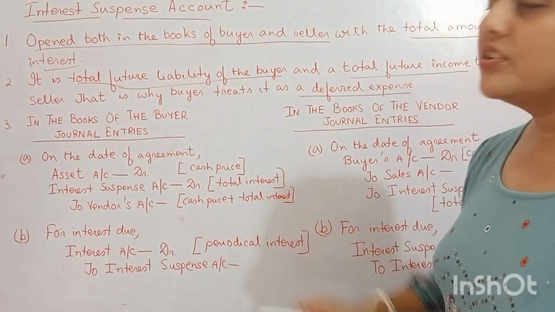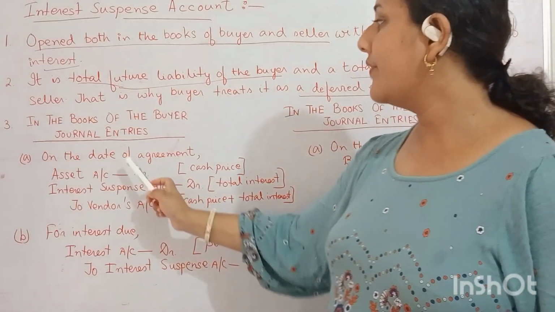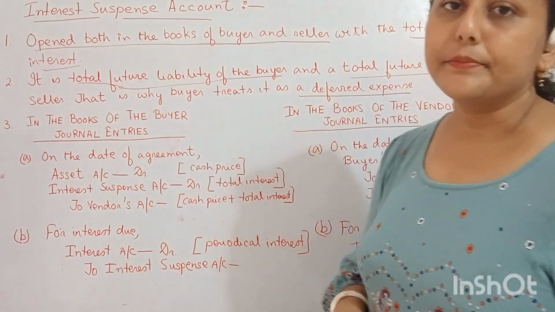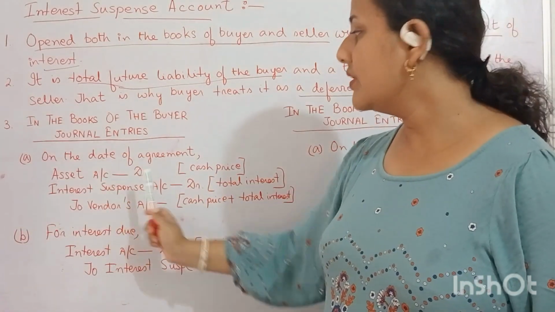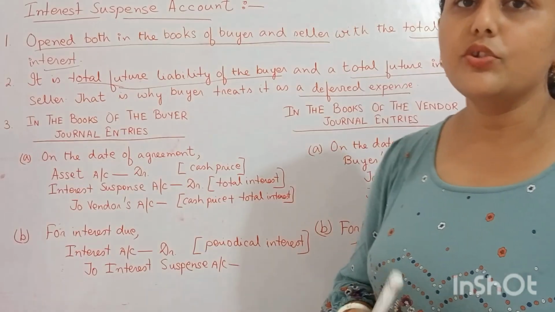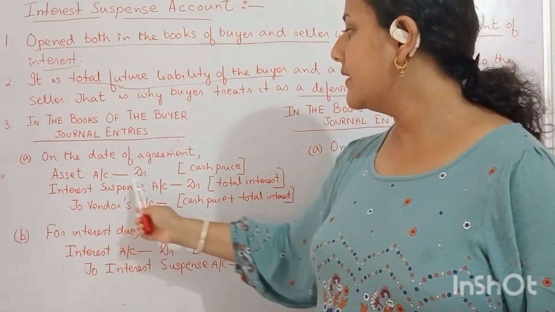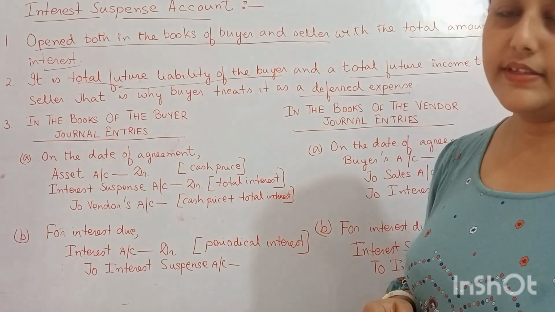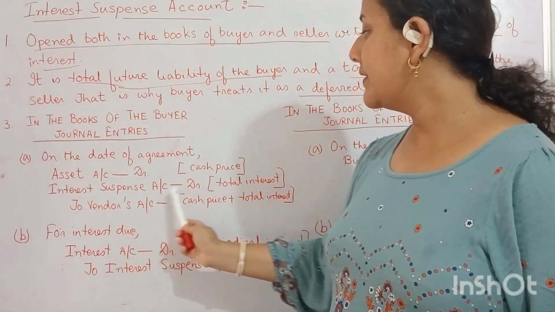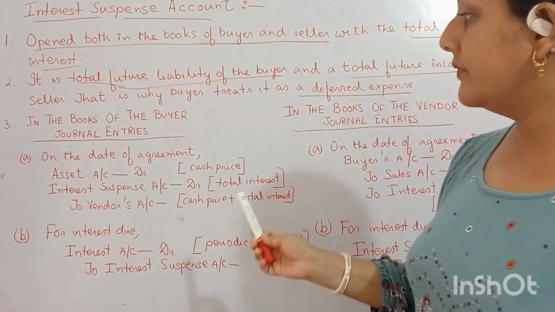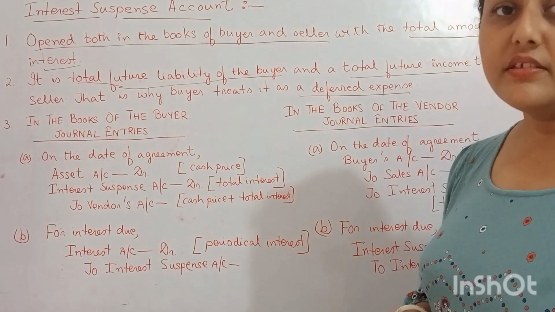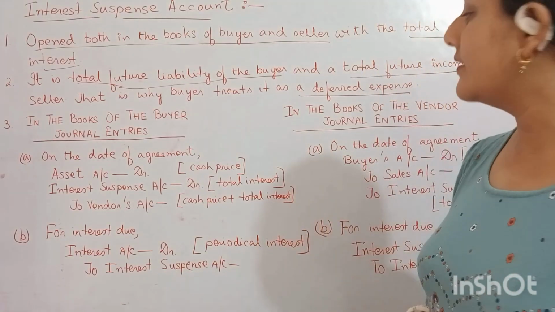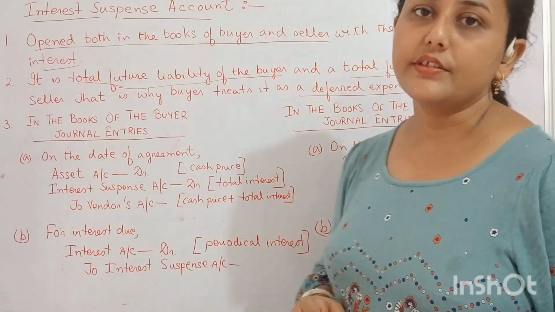Now the journal entries on the date of agreement, in the books of the buyer. Asset account is debited, since the asset comes into the business, with the cash price of the asset. Then interest suspense account is debited with the total amount of interest.